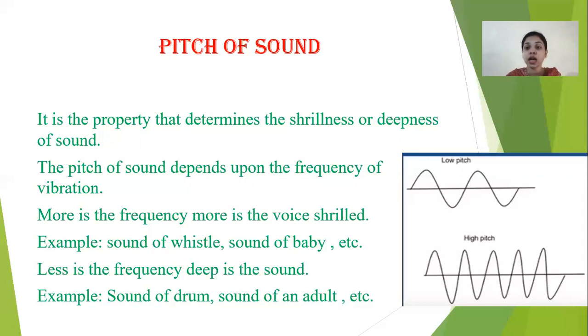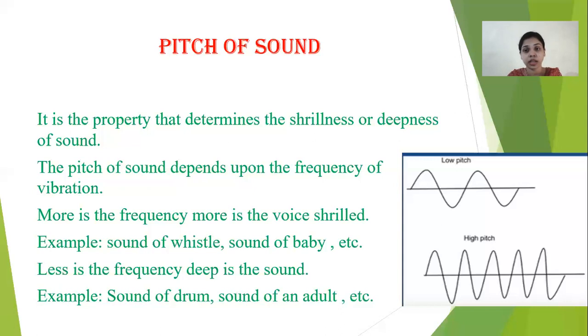The time period is the time required to complete one cycle or one oscillation, denoted by capital T, and measured in seconds. The relation between time period and frequency is always inverse: T is inversely proportional to mu. If the time period increases, the frequency decreases. If the time period decreases, the frequency increases.